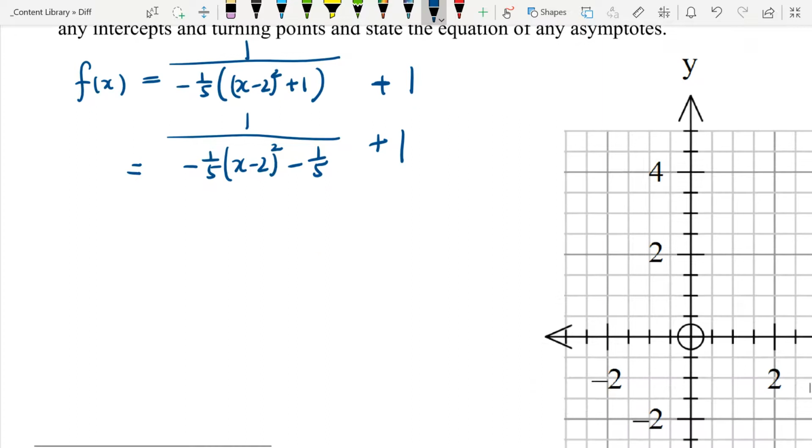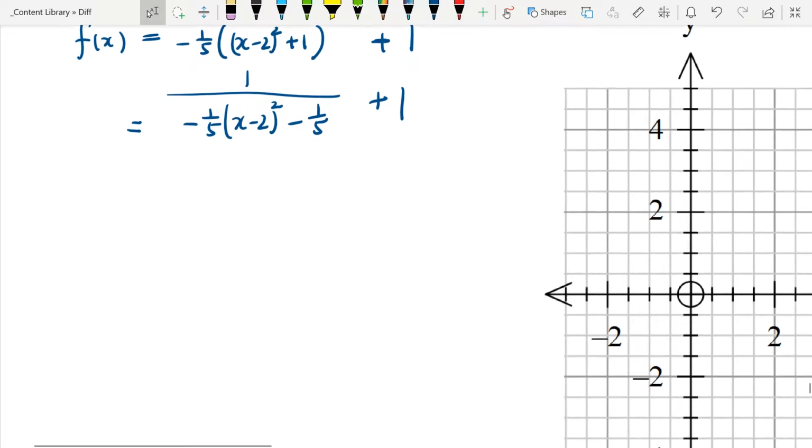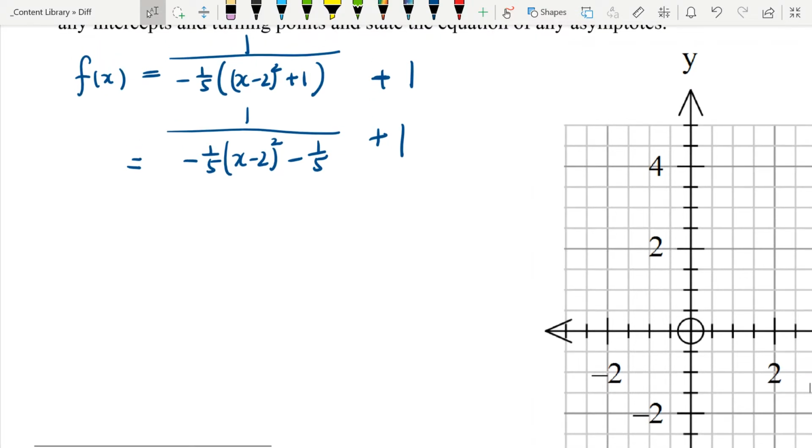So my question is, where's the turning point? Ignore this one first. Don't worry about this one. So what's the turning point here?